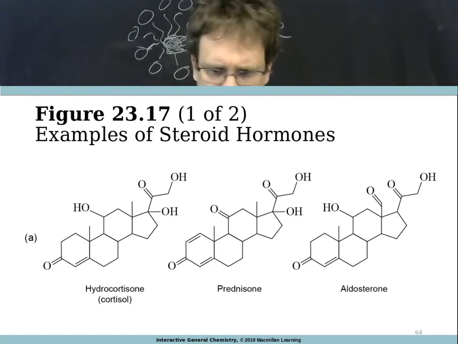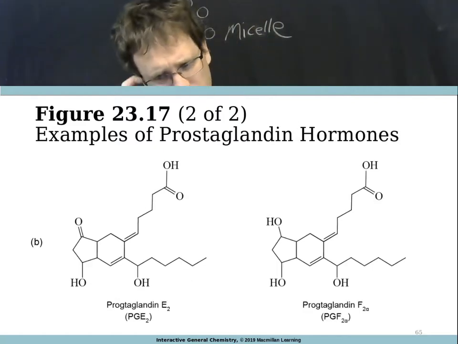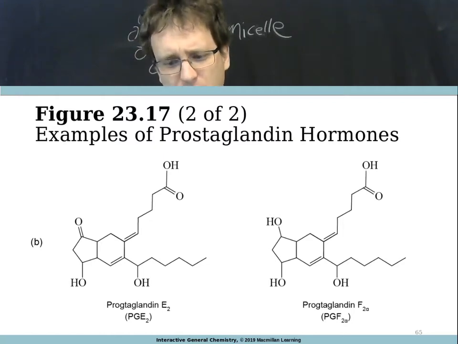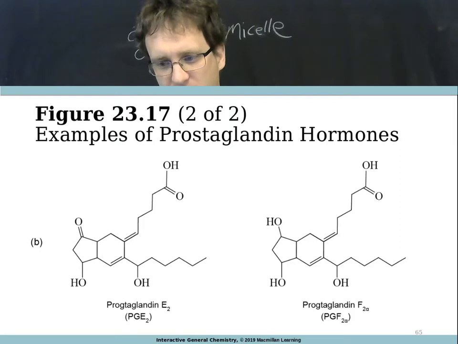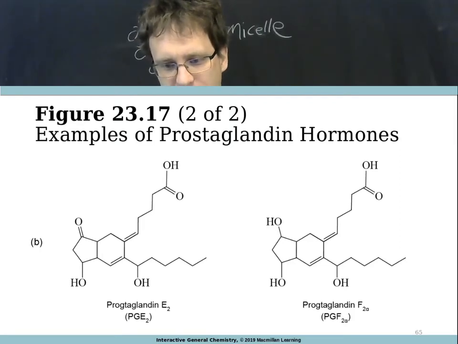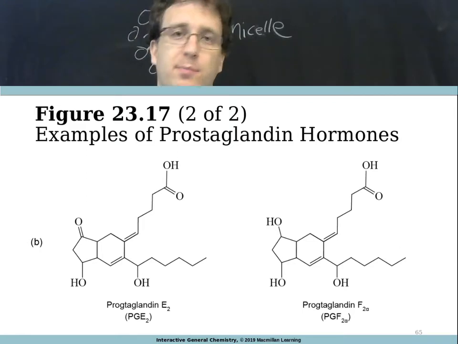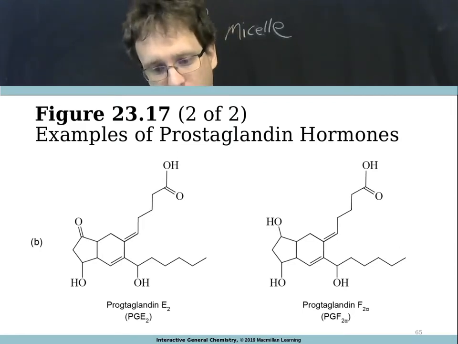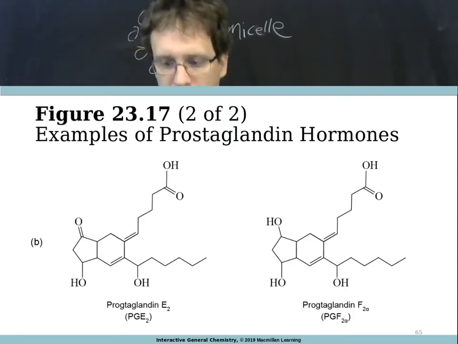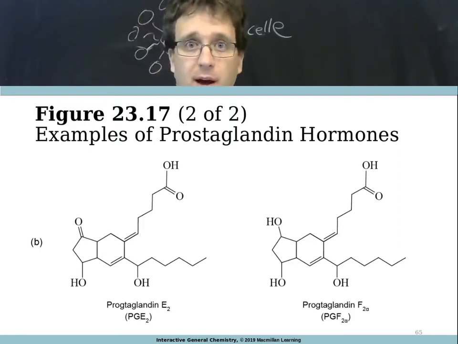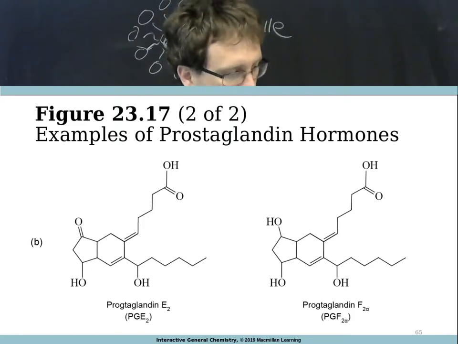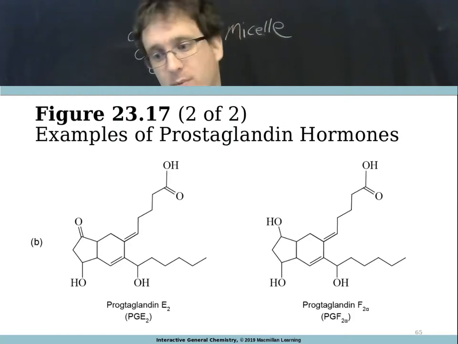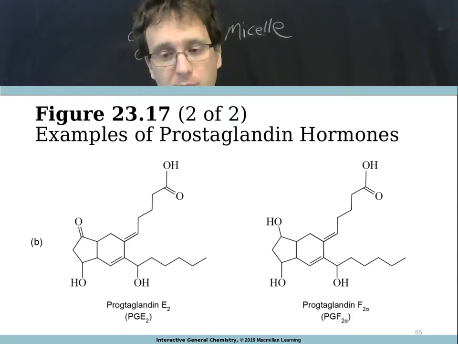And then in addition to steroid hormones, there are prostaglandin hormones. Prostaglandins also are sort of based on this template of cyclic molecules that have different groups coming off of them. And so here we have prostaglandin E2 and prostaglandin F2A, and I do not know what their function is in the body, but they're hormones, and so they're chemical signals that will regulate other chemical processes.